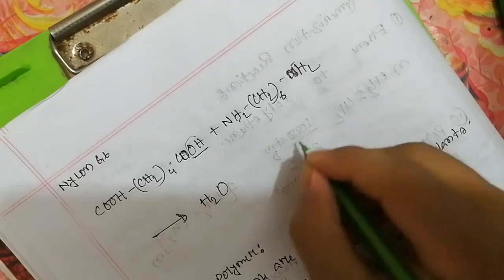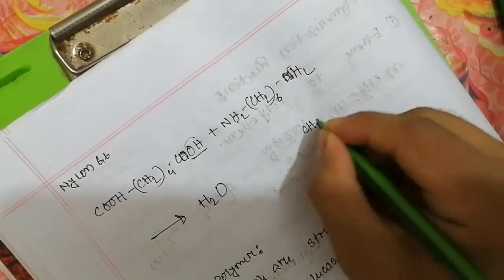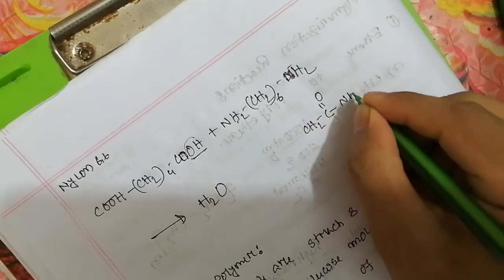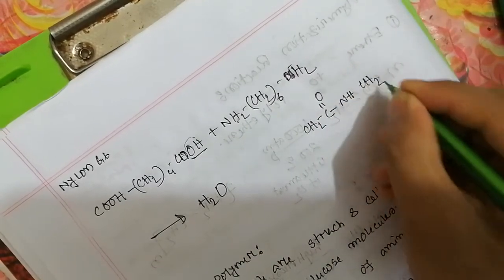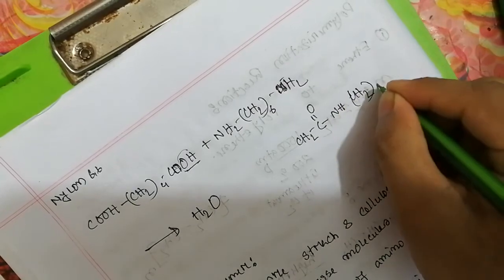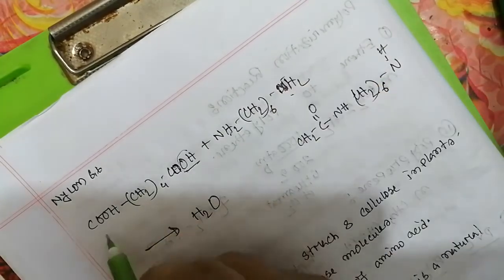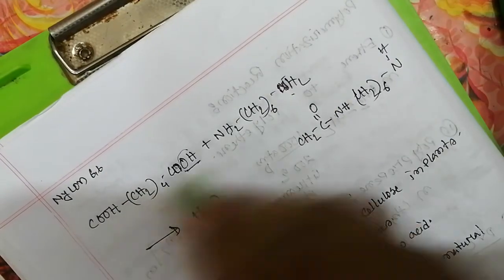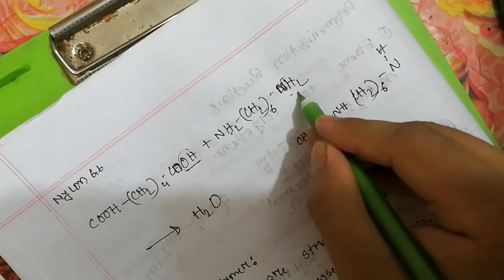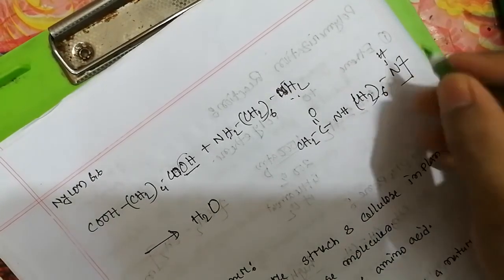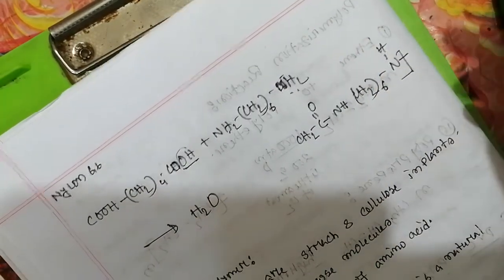That means here CH2, C double bond O, NH, (CH2)6, NH. Again, one hydroxide attaches with another hydrogen atom and produces one molecule of water.